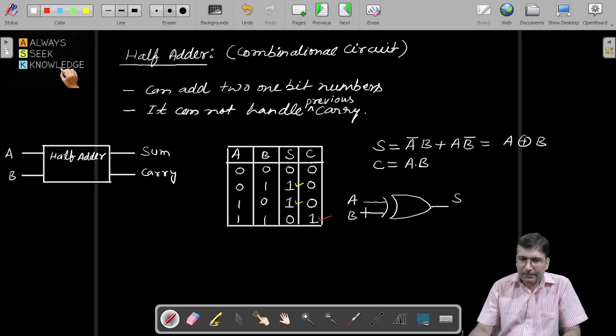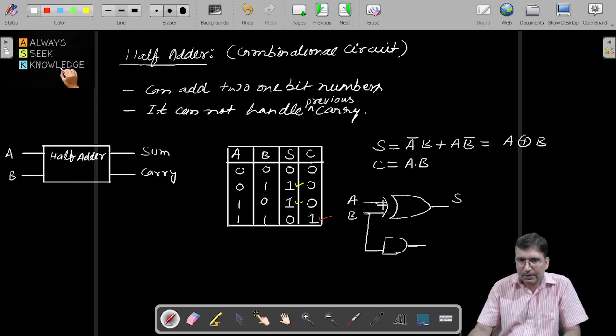Now what is carry? Carry we will get by applying one AND gate. Let's say this is an AND gate, and we take this input as B, and this B we are connecting.